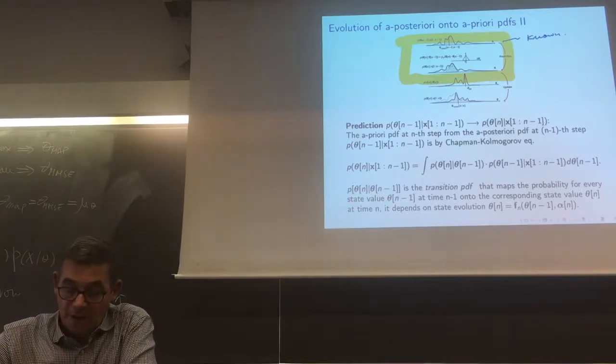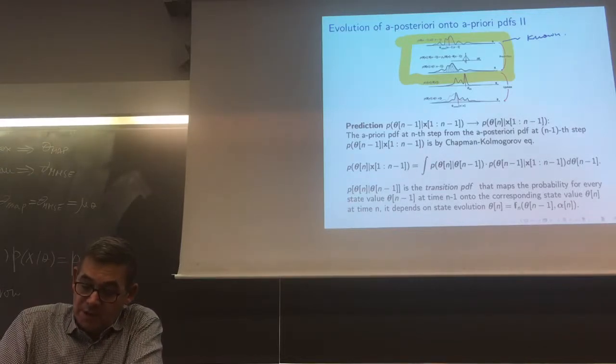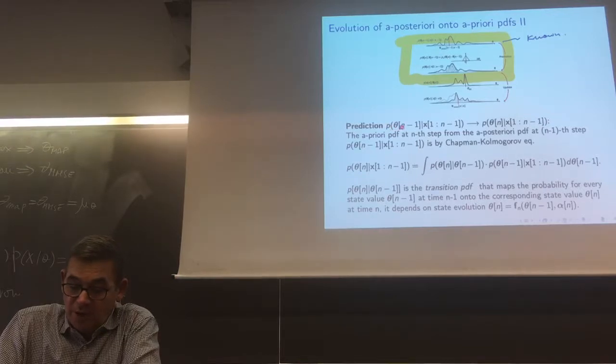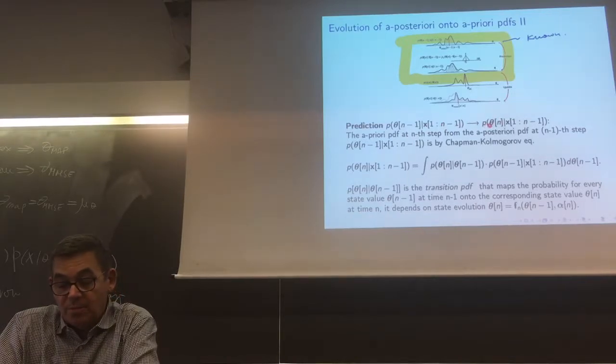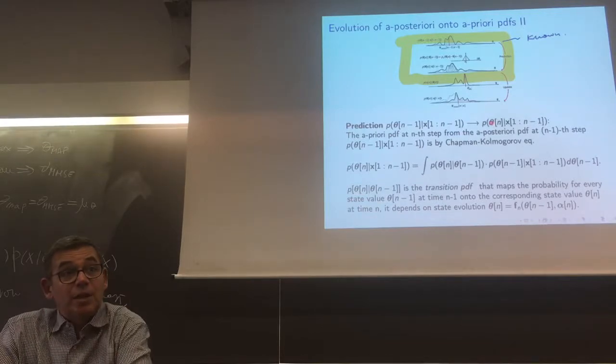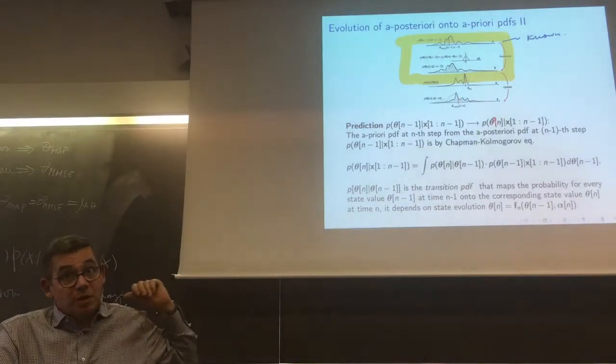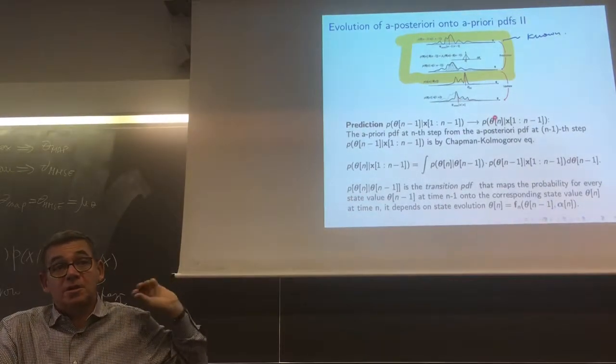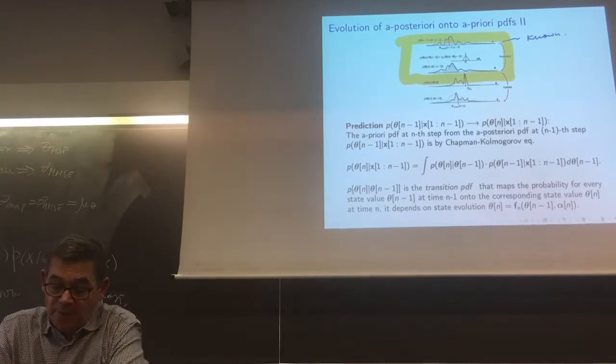So prediction says that I want to go from the a posteriori at the step n-1, and then find the probability of theta at the time n, given all the data up to the current one. I'm not using the last sample.